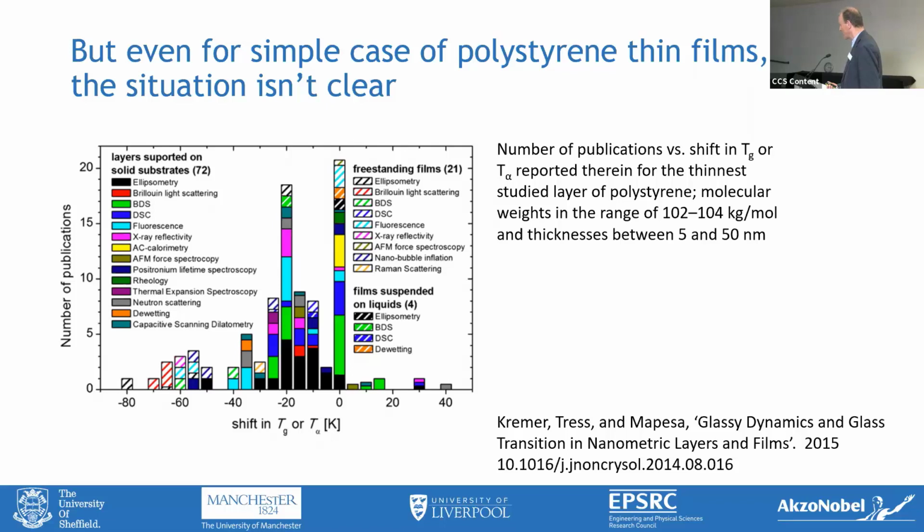And as you can see, there's lots of techniques used, lots of different experimental setups. I think it's fair to say they all show a reduction in TG, but there's not as much consensus as you'd like about the quantitative nature of this effect.